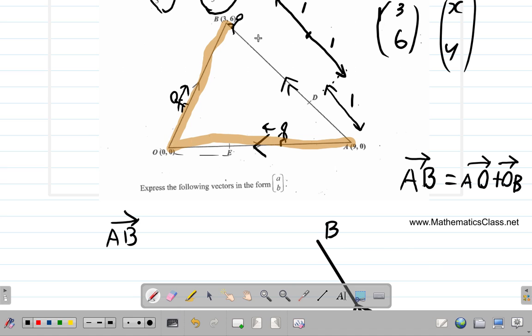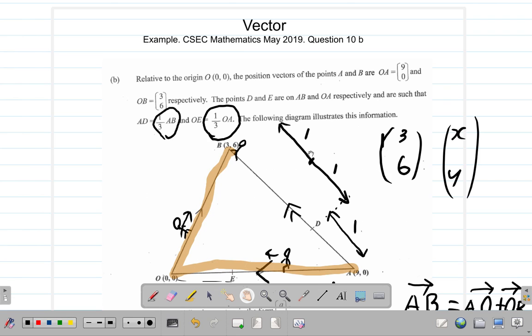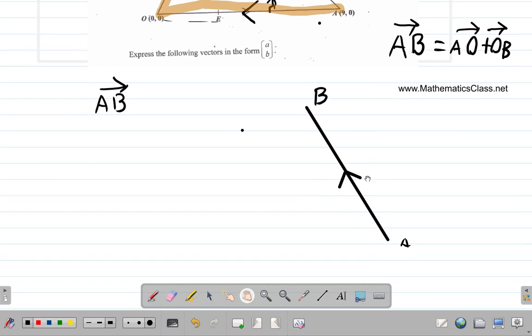Now, AB is AO plus OB. OA, as you saw here, is (9, 0). So AO must be the negative of that. Remember, this is the resultant, so I have two arrows here.